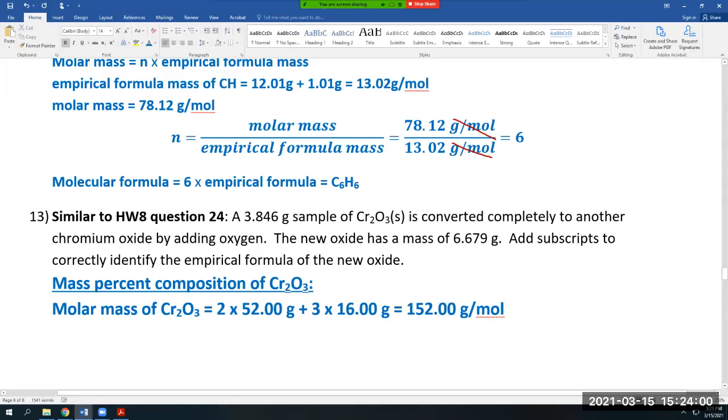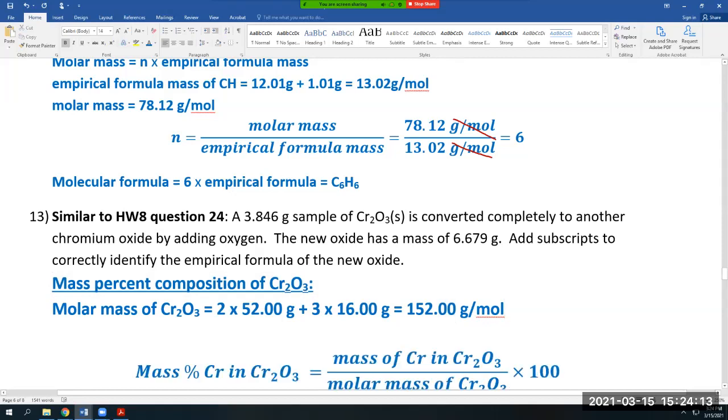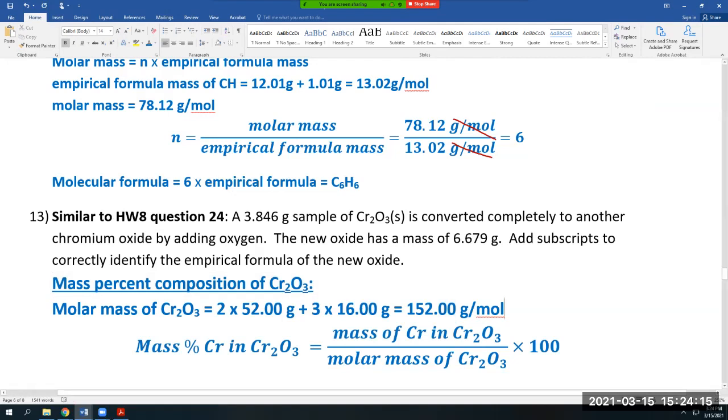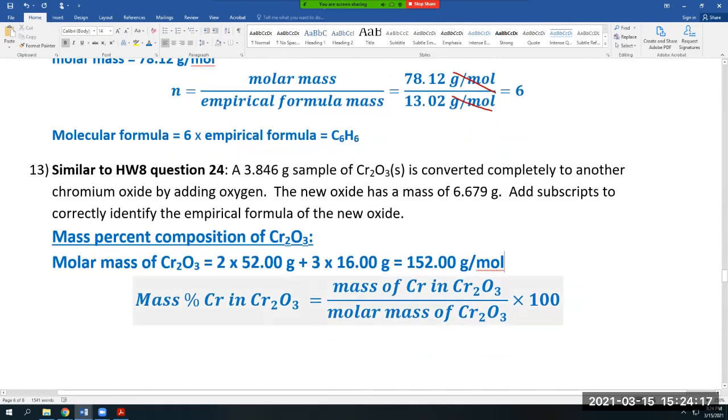So we want to find the mass percent composition of Cr2O3, and in particular, the mass percent of chromium in that compound. So let's write the formula for that. The mass percent of chromium in Cr2O3 is the mass of chromium in that compound on top, over the molar mass of the compound.